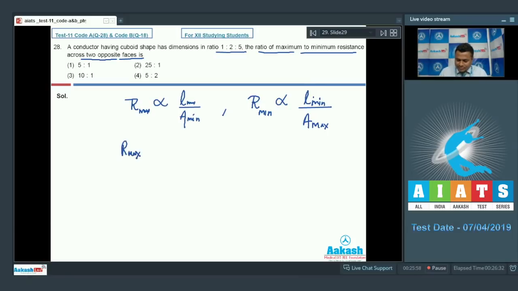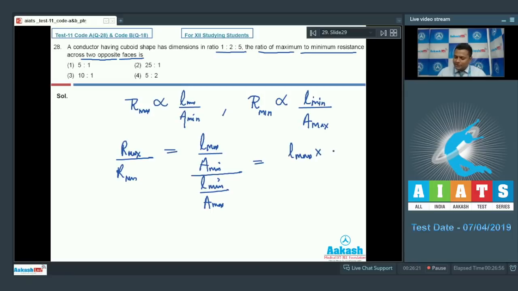R max upon R min will be L max upon A min divided by L min upon A max, and after solving we will get L maximum into A maximum divided by L minimum into A minimum.